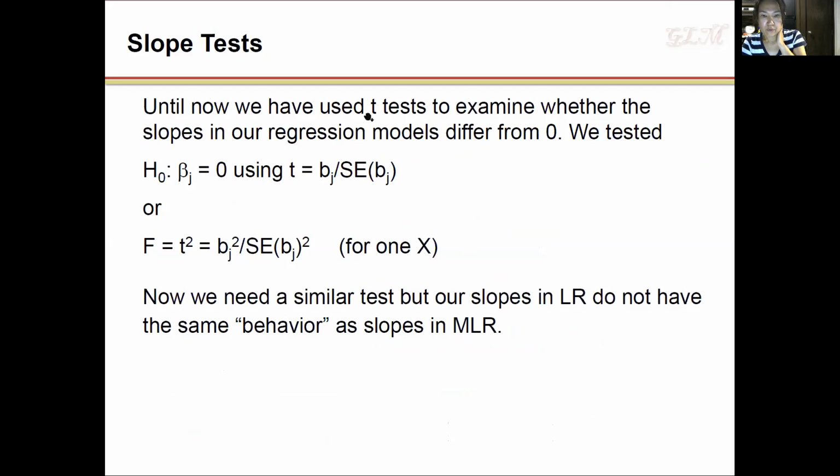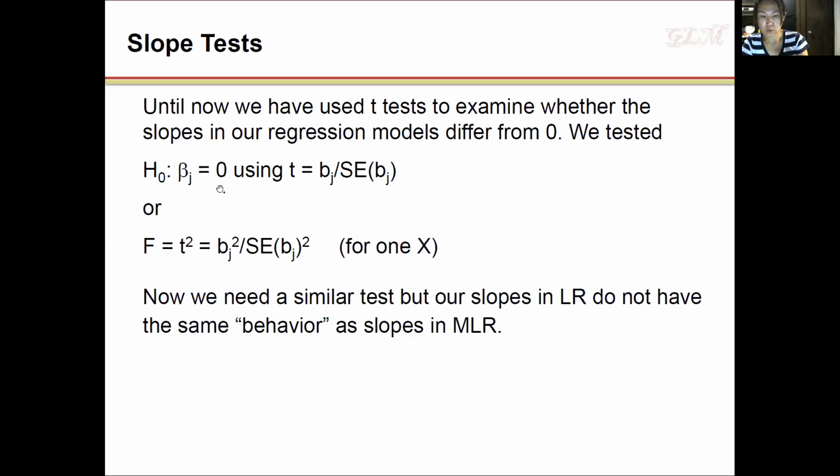Until now, we have used the t-test, but in logistic regression, we use the Wald test because the distribution does not follow the t-distribution. Instead, logistic regression follows the Wald test, which is a kind of chi-square distribution.